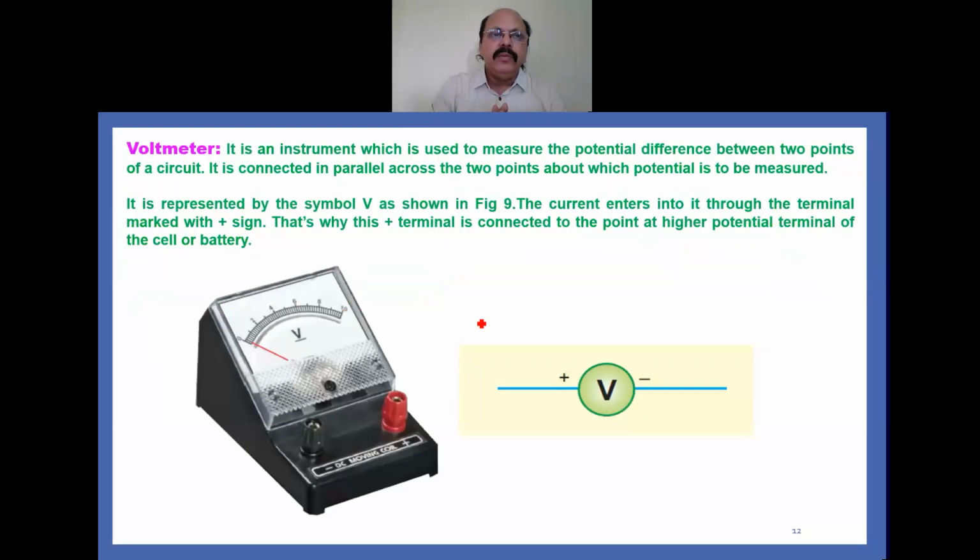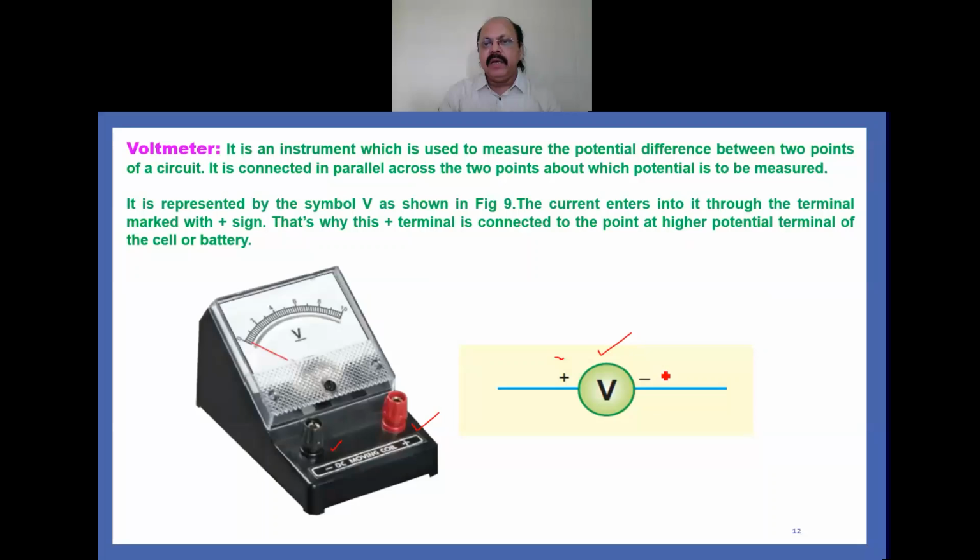And you must have a little bit of an idea about the voltmeter. What is that? Again, it is an instrument which is used to measure the potential difference between 2 points of a circuit. It is always connected in parallel across the 2 points between which the potential difference is to be measured. These are the two terminals. This one is positive and this one is negative, and it is represented by V. You see the representation here.